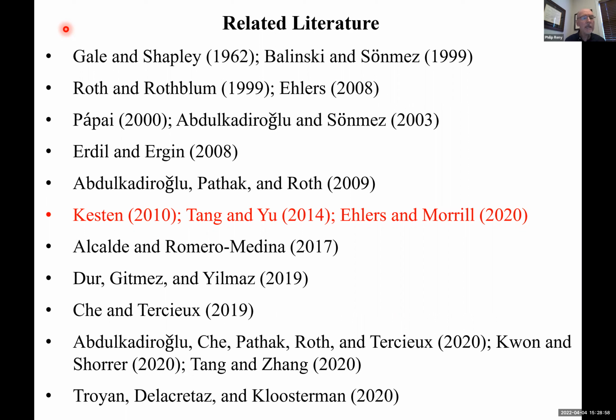And what did Kesten do? Kesten asked himself, in the Gale-Shapley student-proposing deferred acceptance algorithm, what's going on in the mechanics of the algorithm that leads to a Pareto inefficient outcome? And his answer was the following.